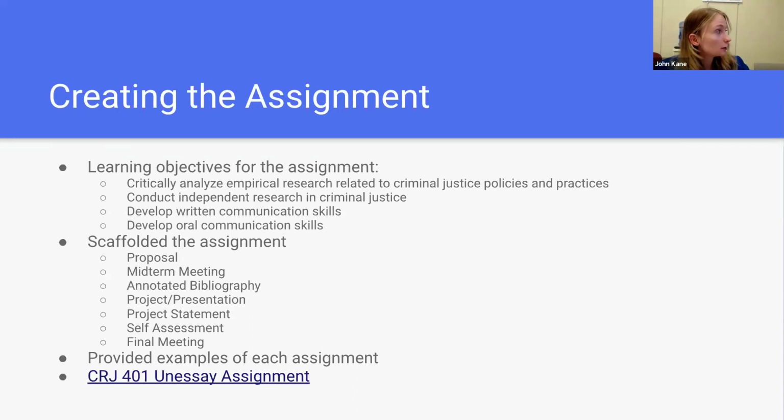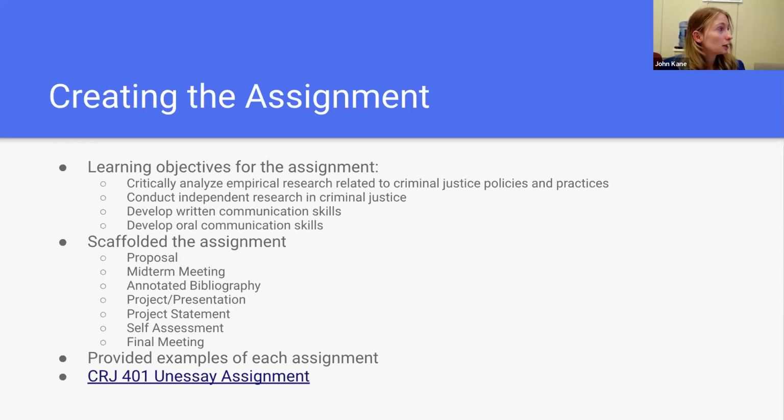As part of that project statement, the students also created a self-assessment, and we then met at the end of the semester in a final meeting to talk about the goals of their project, whether they felt they had achieved all of the goals that they had set out to achieve, and to what extent they achieved those learning objectives.